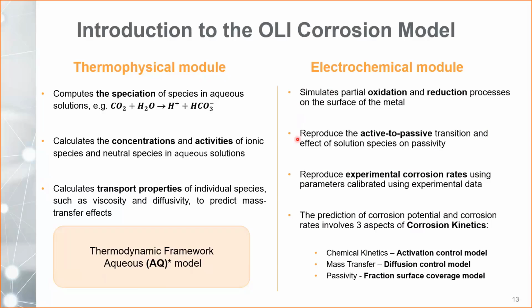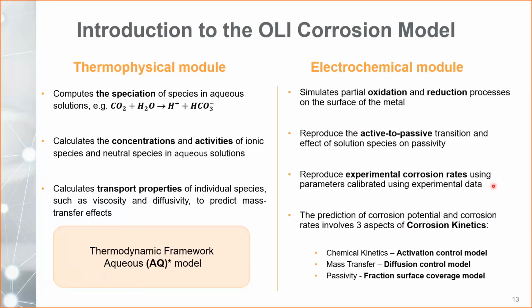For example, we will see the effect of chlorides and inhibitors on this active to passive transition of alloys. The electrochemical module is calibrated using experimental corrosion rates that are published in the literature.